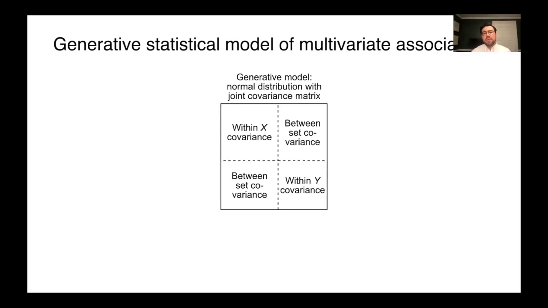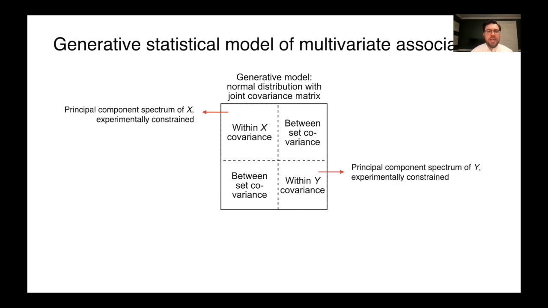And so in this case, what we have to define for our generative model is the joint covariance matrix of these feature spaces, right? Not only the variance within, say, neural and behavioral feature spaces, but the between set covariance as well. And so we did that in 2 steps.